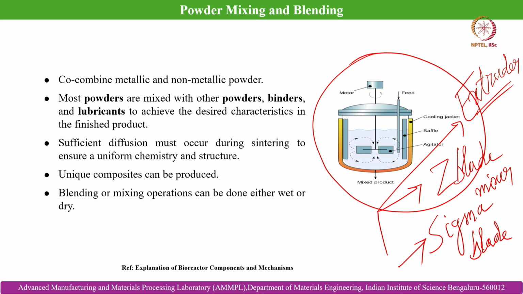Like in the case of ball milling, where we mix a number of metal or non-metallic powders together, the goal is to achieve the powder mixture itself, which can be done in dry condition. However, we generally mix the powder with the additive to develop the powder aggregate or the green mixture.